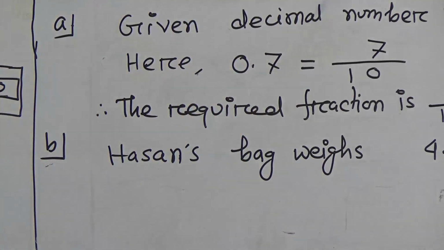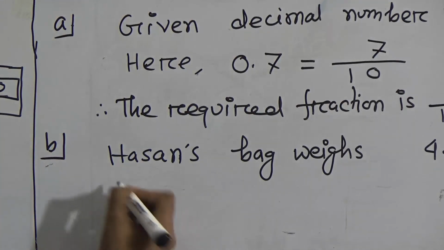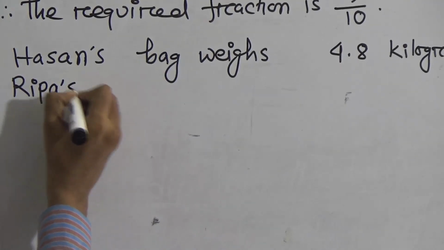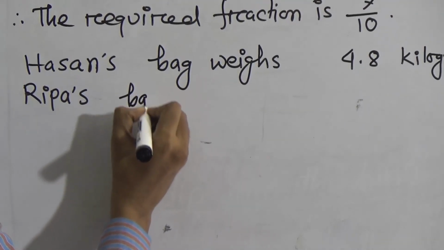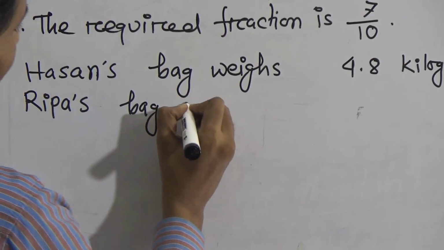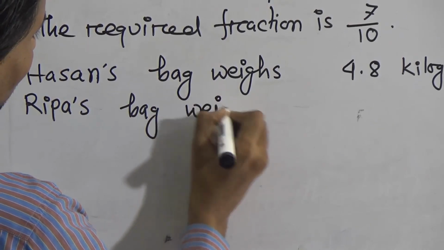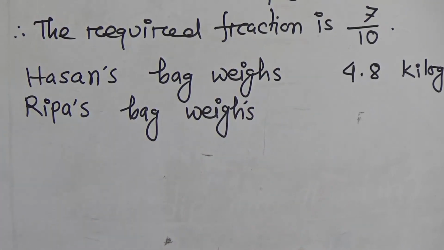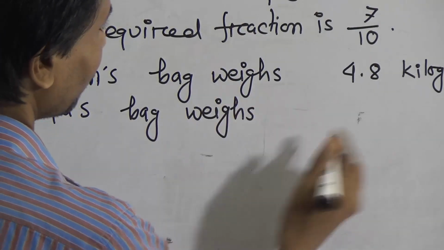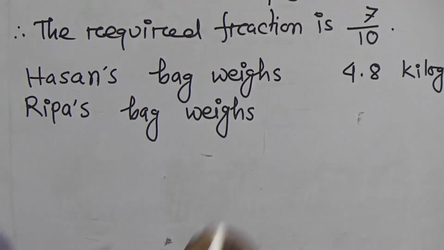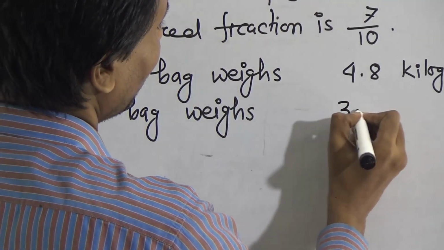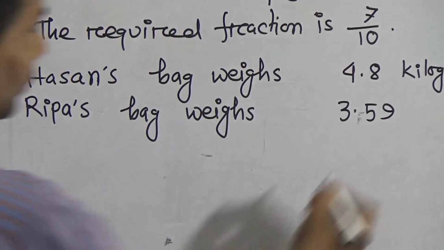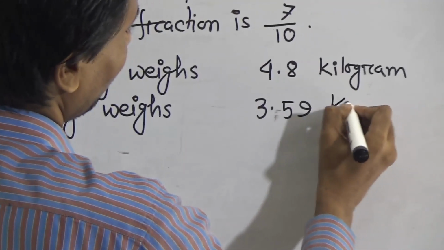Then Ripa's bag weighs how many? 3.59 kilogram.